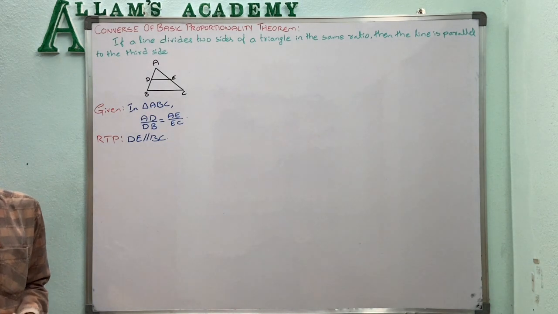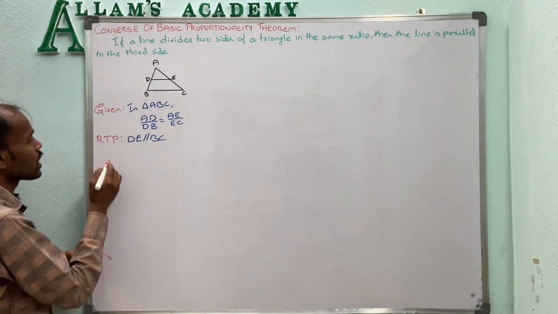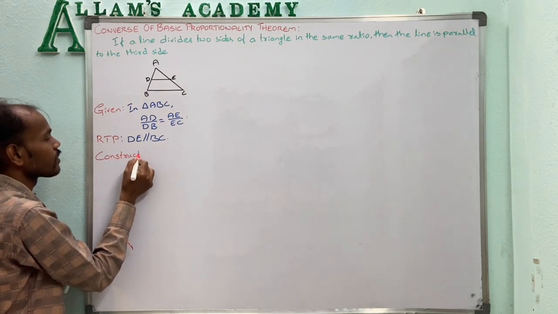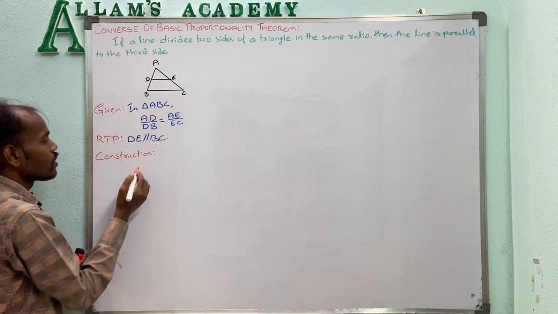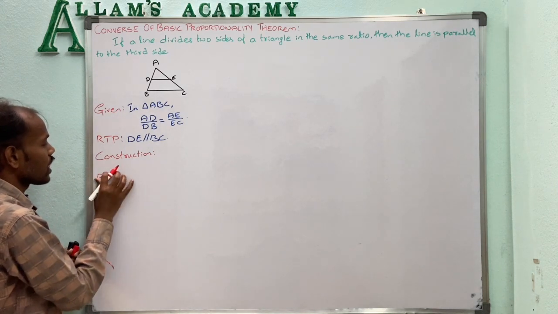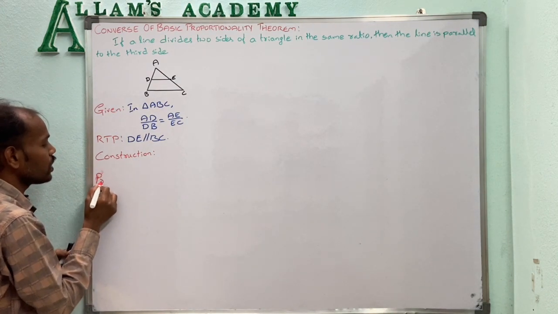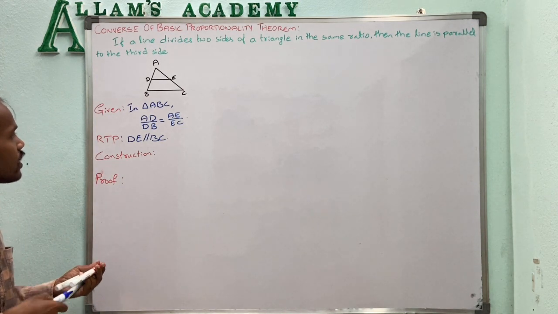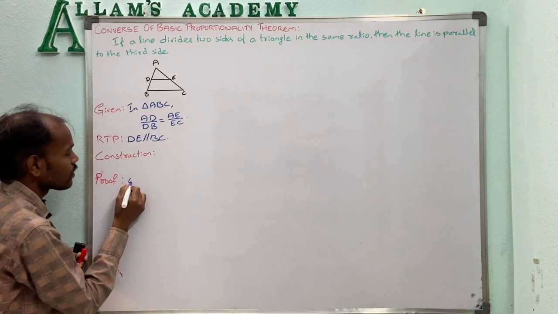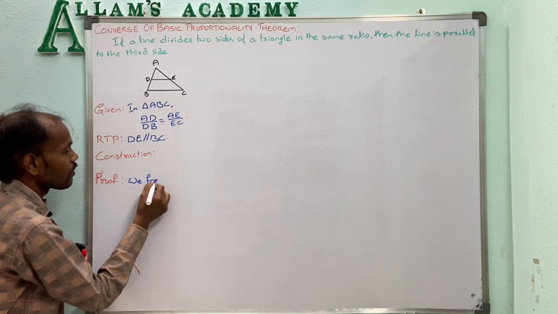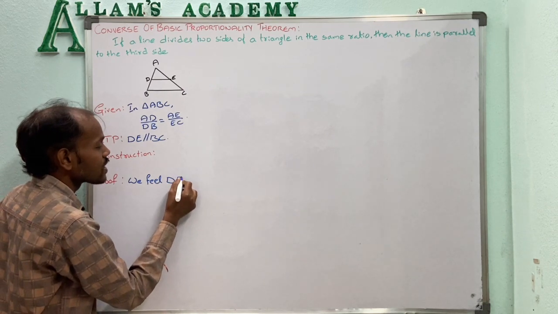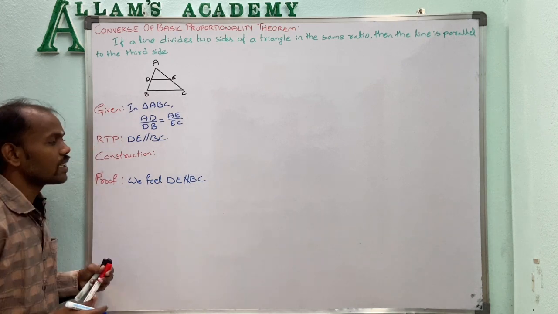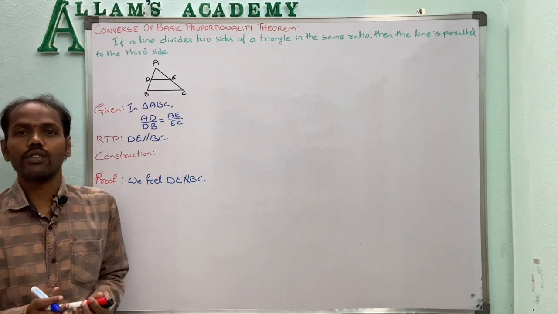So for that proving purpose, we have to take a construction. Before that construction, in that proof, if we observe, we feel DE is not parallel to BC.